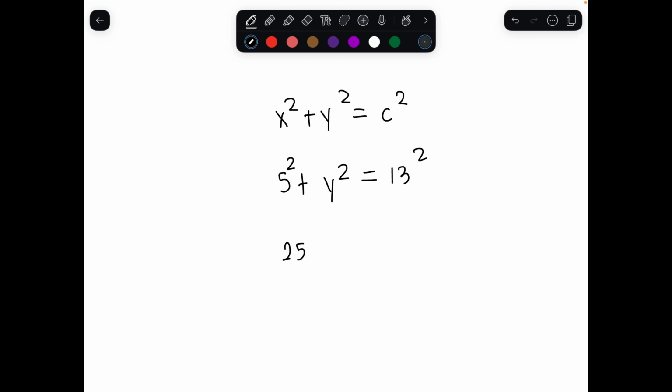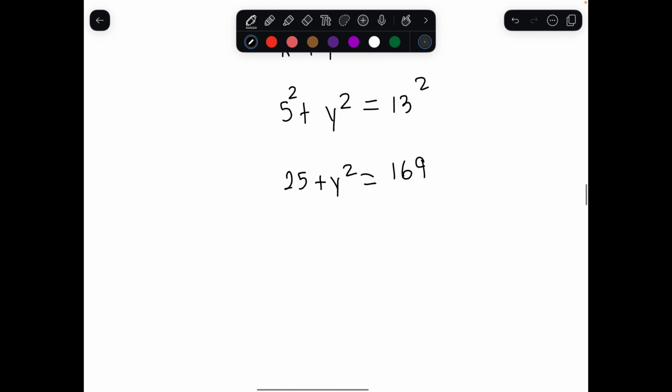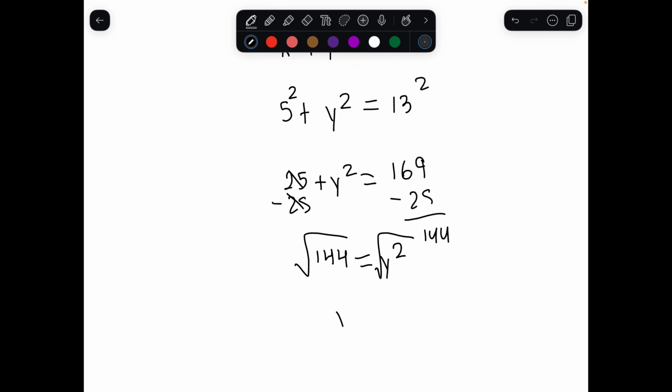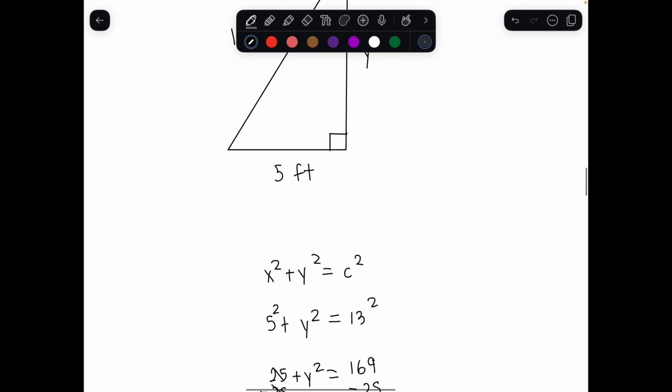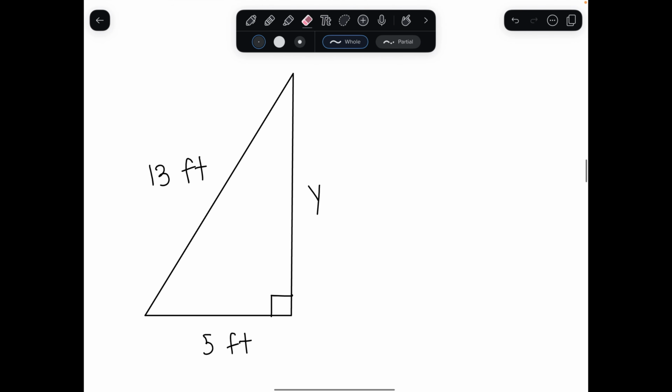So 25 plus y squared equals 169. You get 144 because you subtract 25 from both sides. 144 equals y squared. And now if you square root this, you get y equals 12. So that means y is 12 feet.